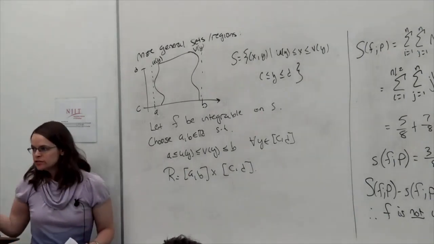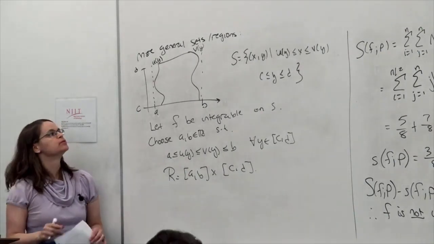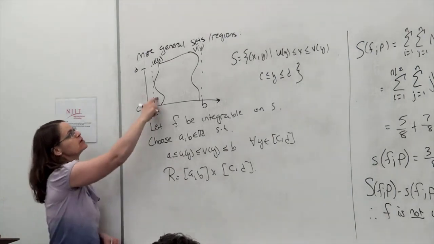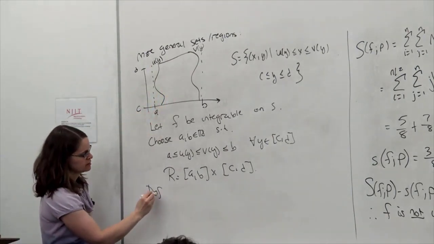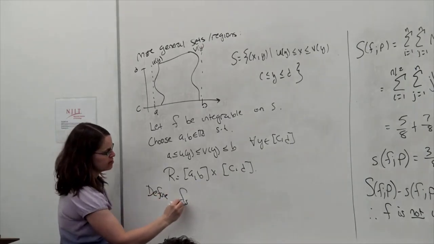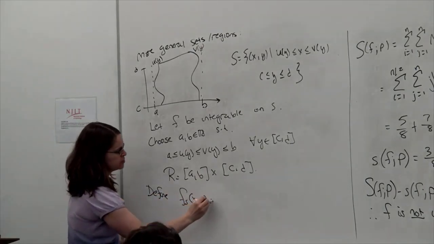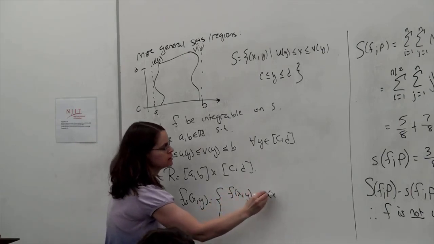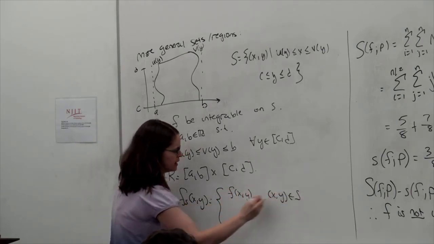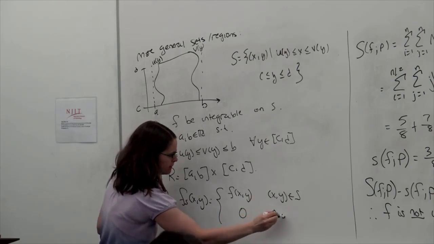Okay, and we're going to do the usual thing to turn our region problem into a rectangle problem. We let our function be 0 out here. So let's define f sub S to be equal to our original function if we're in the region we care about, and 0 otherwise.